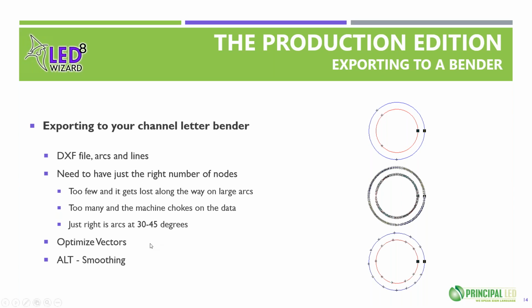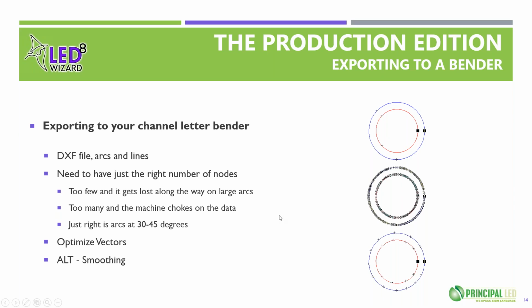And I talked about this, was it last week? We talked about optimized vectors, we talked about alt smoothing. So these are tools to convert artwork, clean up artwork, and this sort of thing. And for this task, that's important. The machine, whichever machine that you have, will be expecting artwork that looks something like the bottom. It doesn't want artwork that looks like the top example or the middle example, right?